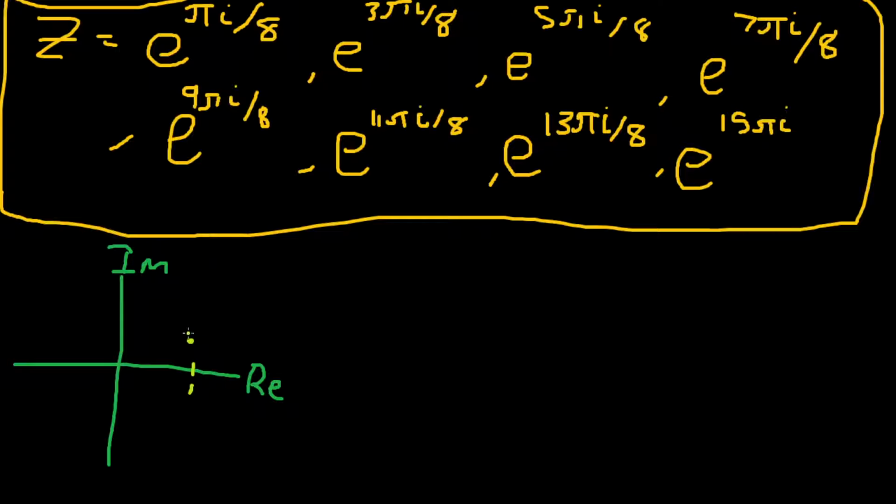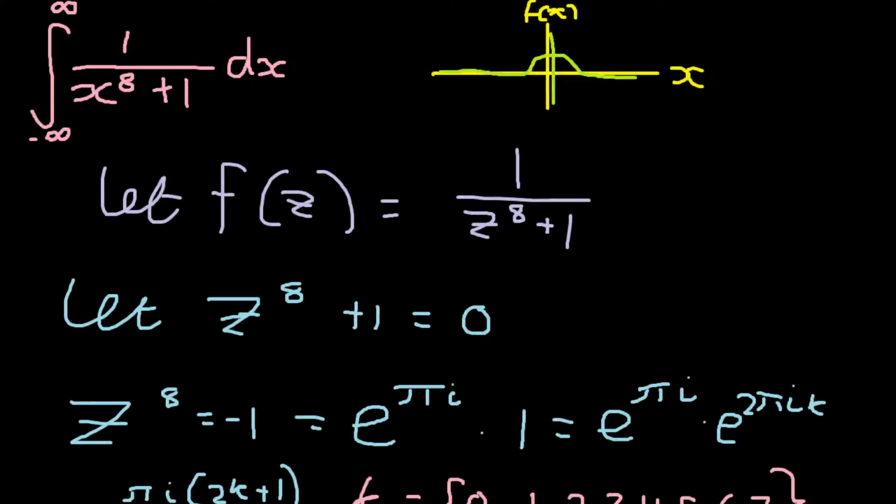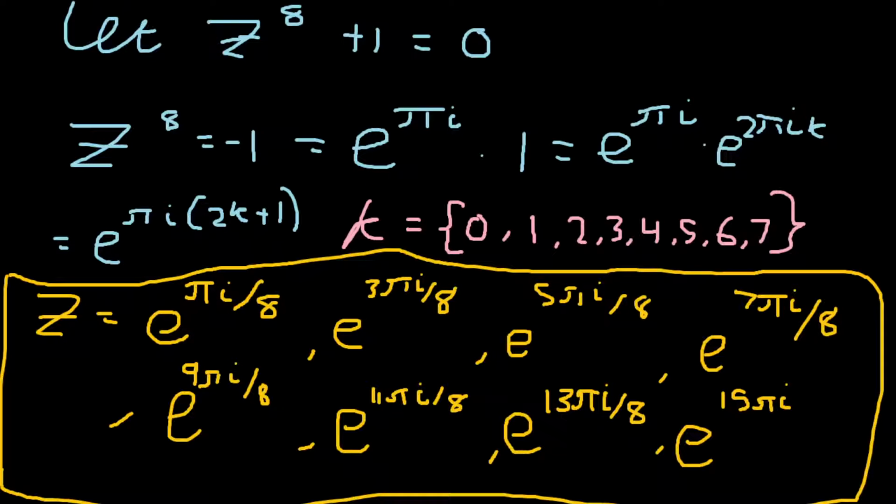And the second one is going to be around here, sort of 3/4 rotation. Here's the 4th, 5th, sorry, 6th, 7th, and finally the 8th singularity. And for any one of these values, when you plug it in, this function is not defined.